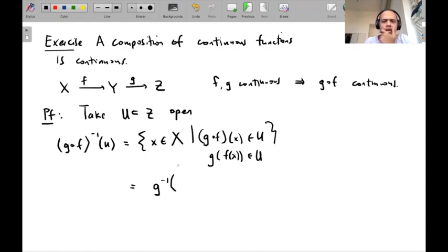Let's see, how do I want to write this? Am I writing this correctly?